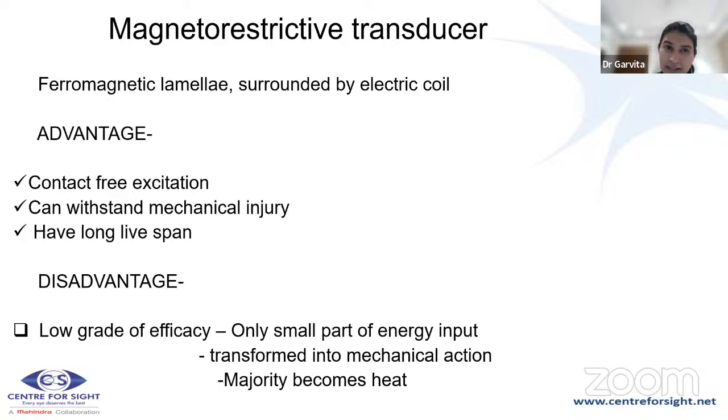Coming to the magnetostrictive ones, it is ferromagnetic lamellae surrounded by an electric coil. The advantages it offers are that it has contact-free excitement, whereas in piezoelectric, we need to compress it. It can withstand mechanical injury and it has a longer lifespan. However, it has a low rate of efficacy and there is an increased amount of heat dissipation.